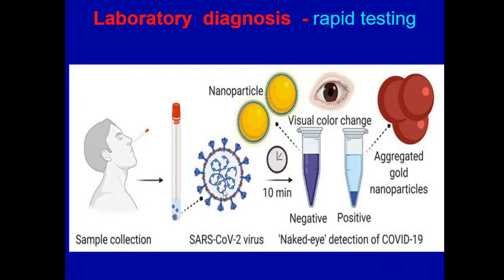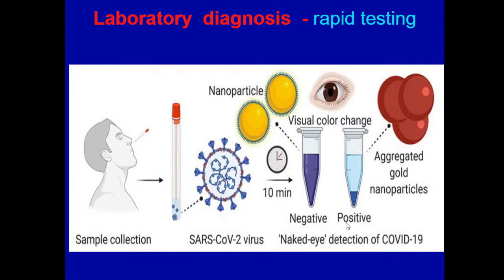Then it is combined in the liquid, in the buffer solution, with golden nanoparticles covered with, we don't know what, because that is the know-how of every test. If the reaction is negative, nothing changes in the color of the buffer solution.